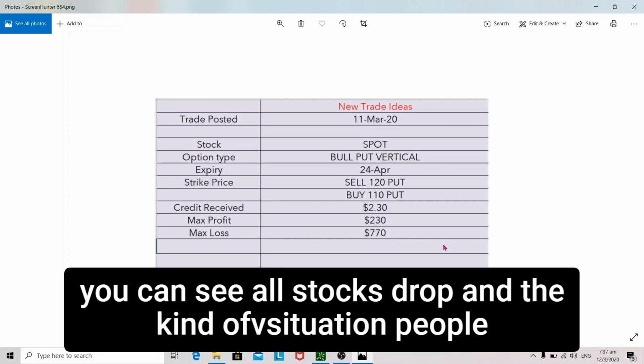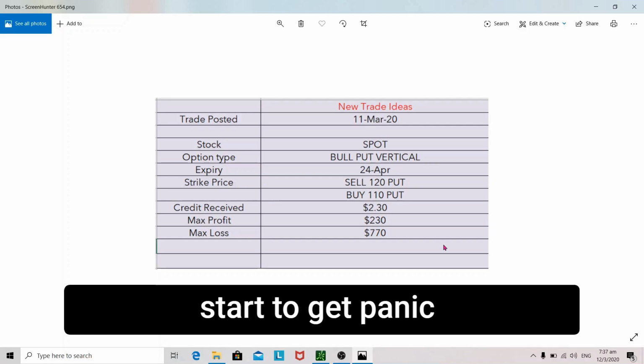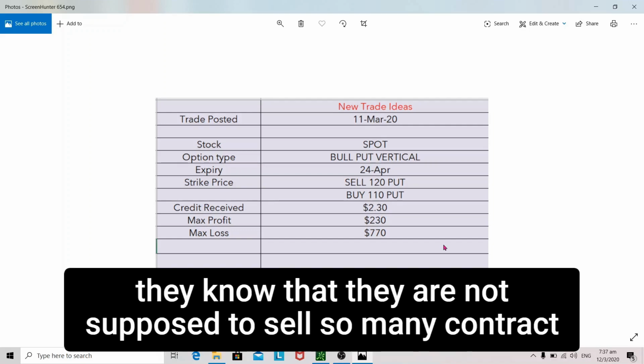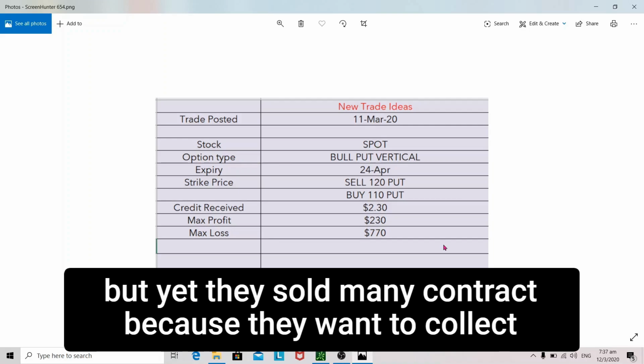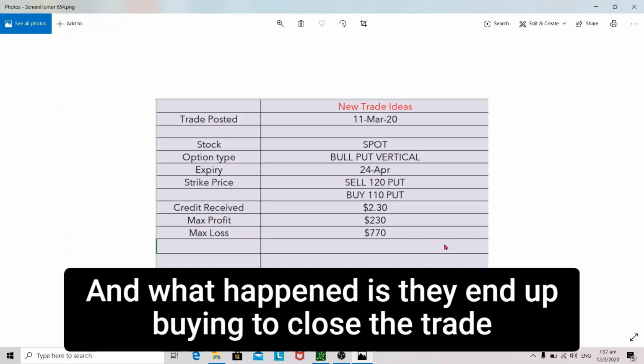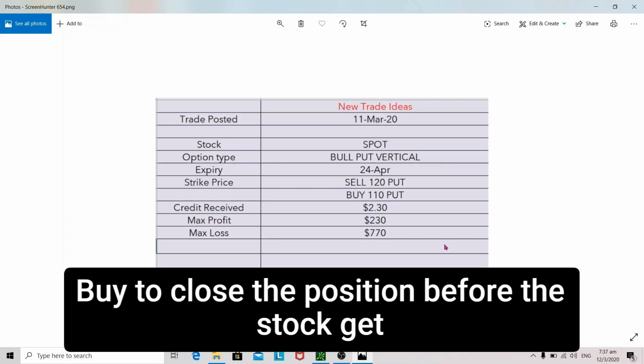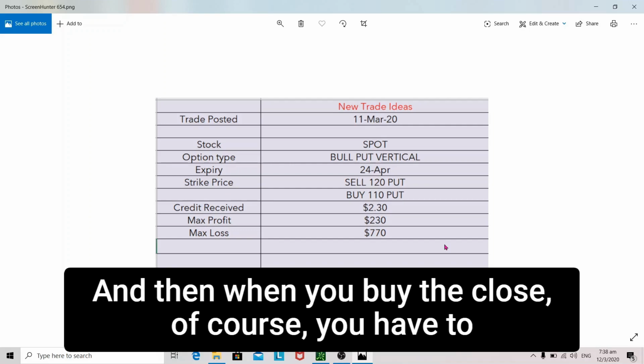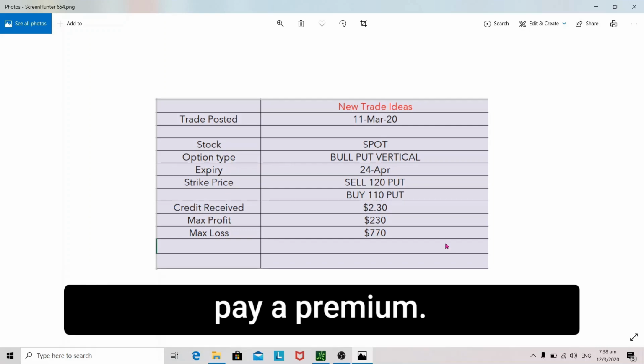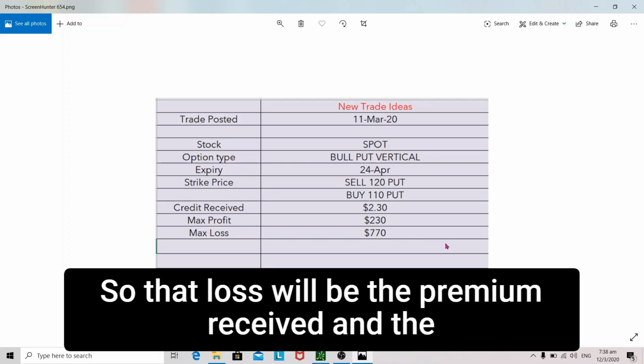In that kind of situation, people start to panic, because they know they are not supposed to sell so many contracts, yet they sold so many because they wanted to collect more income. And what happened is they ended up buying to close the position before the stock got assigned to them. When you buy to close, of course, you have to pay a premium. So the loss is the difference between the premium received and the premium that you pay.